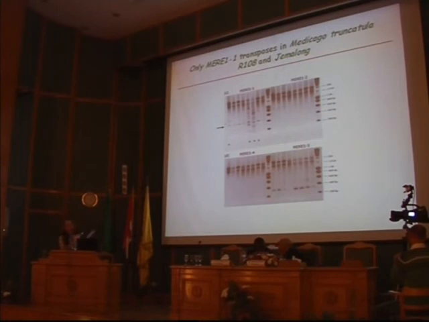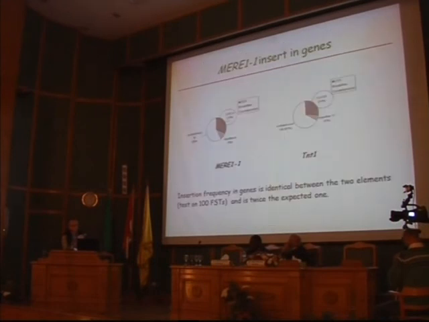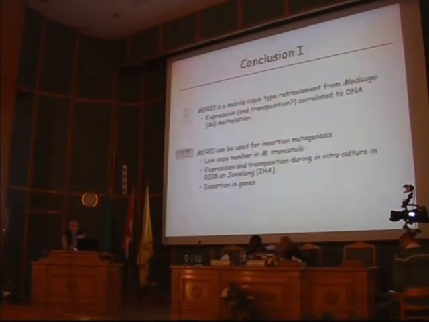Because these are PCR-based fragments, it's easier to reclone and to know where the transposable element is inserted in the genome. This way, we have recloned many borders from the element to have an overview of where the transposable element is inserted.